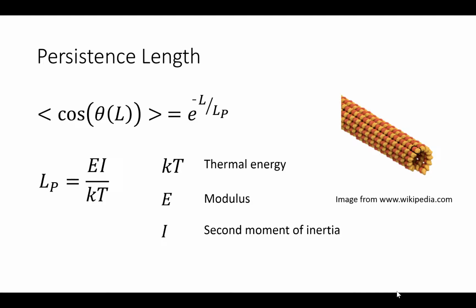Note that a large persistent length means less wobbliness of the line. Hence, if EI increases, then the persistent length increases as well, while a large thermal energy kT would decrease this length. It's actually the opposite of what happens for the diffusion coefficient.